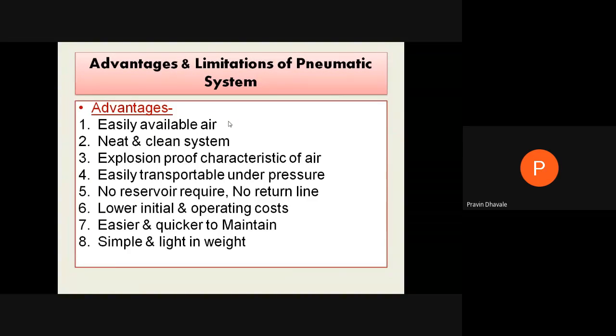These are some of the advantages of the pneumatic system. Write down these advantages of the pneumatic system.